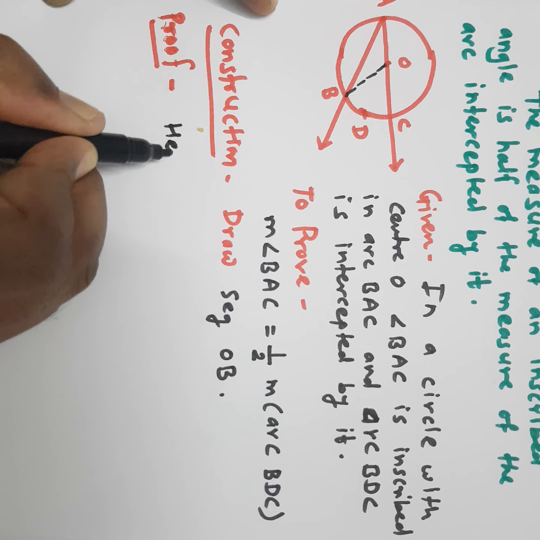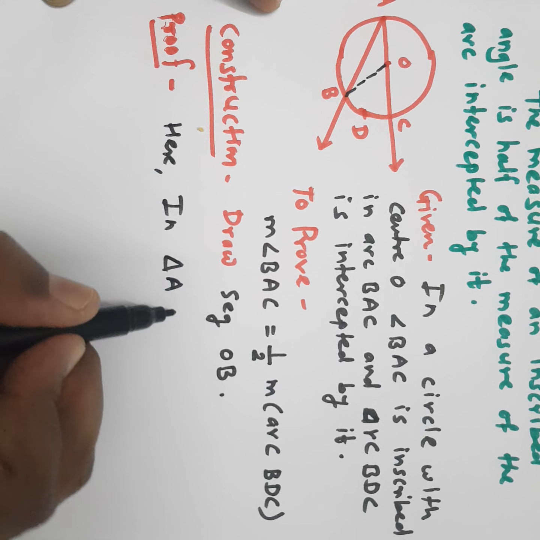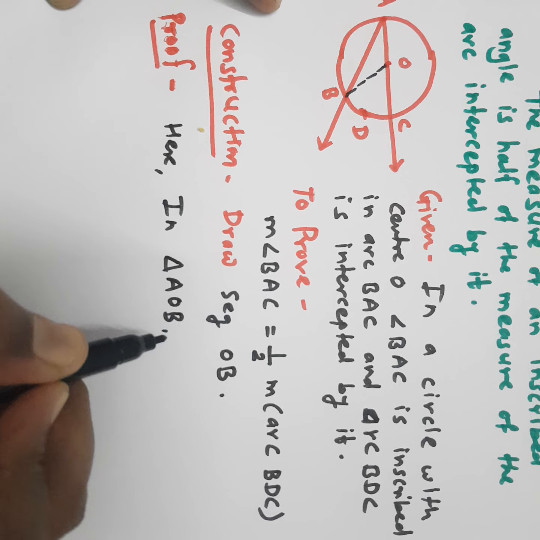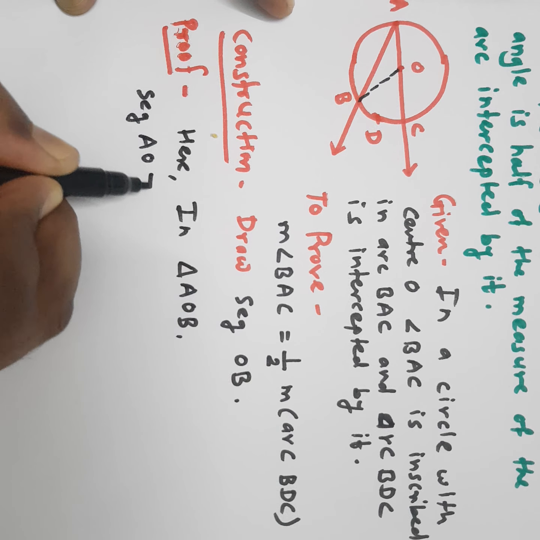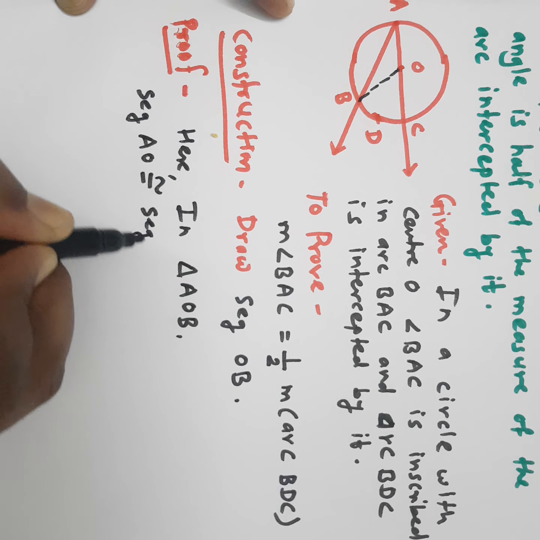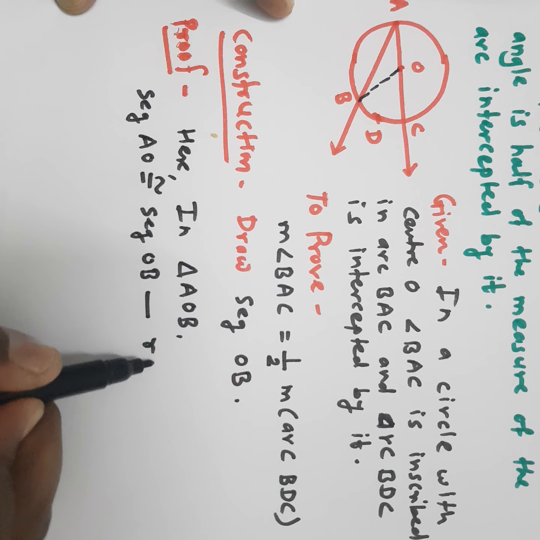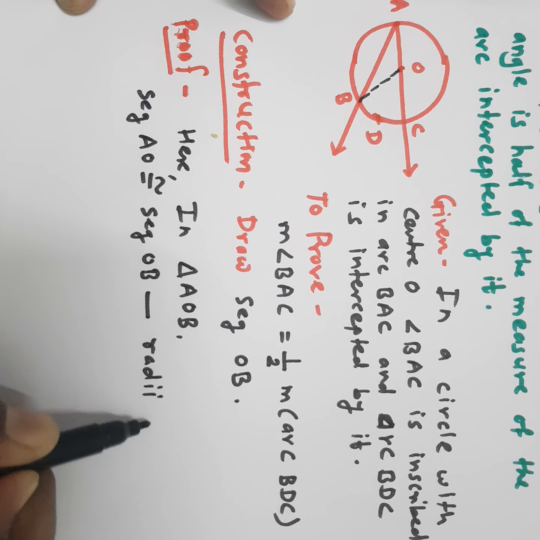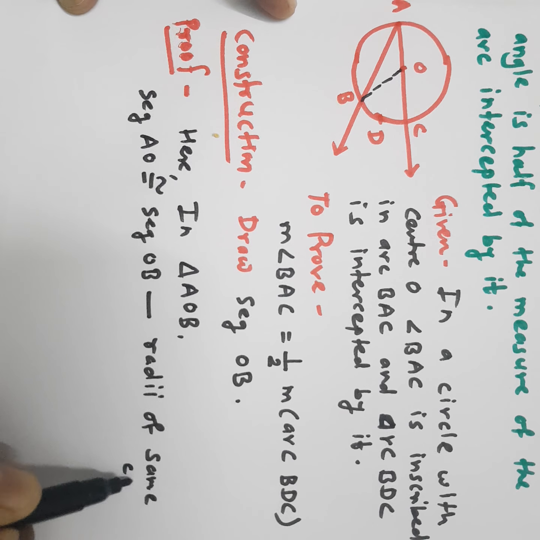Here, in triangle AOB, segment AO is congruent to segment OB. Why? These are radii of the same circle.